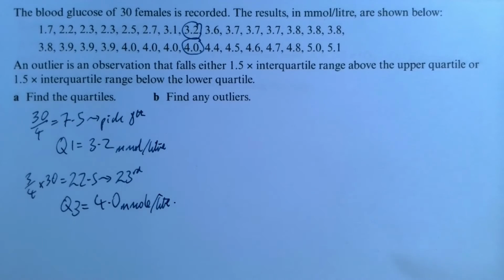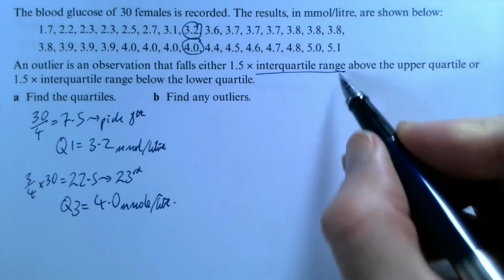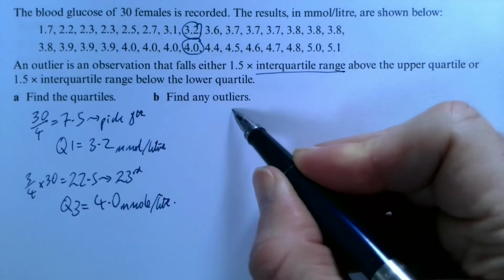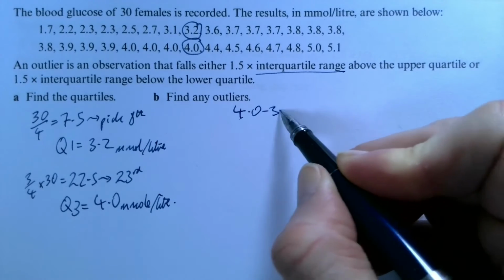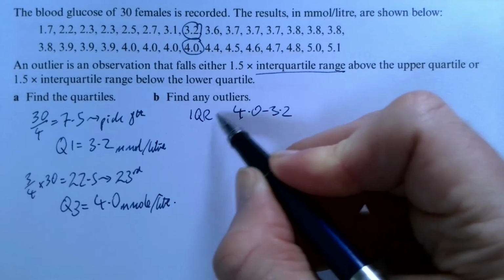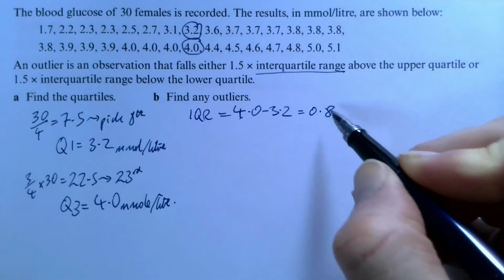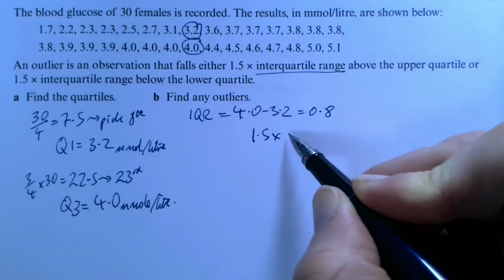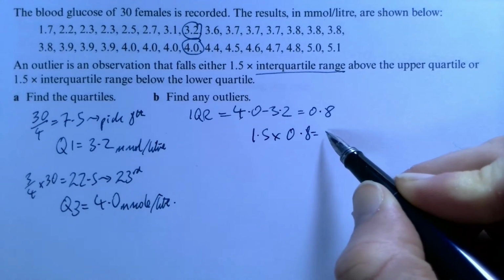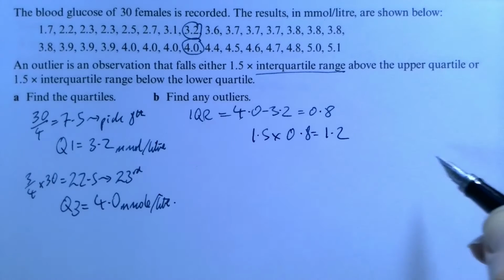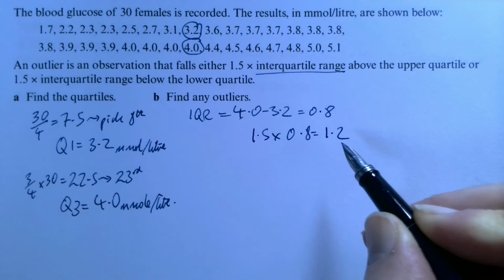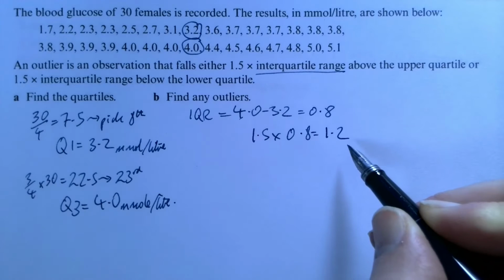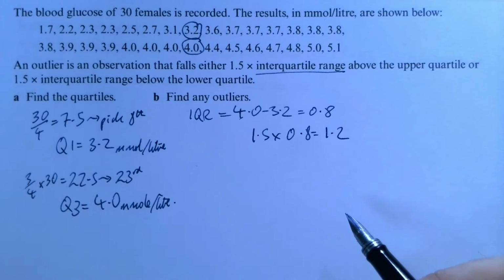Then to find any outliers, the first thing we need is the interquartile range. So Q3 take Q1, 4 take 3.2, the IQR is going to equal 0.8, and we want that times 1.5. So 1.5 times 0.8 is 1.2. So that means it's got to be that much above the upper quartile or below the lower quartile before it becomes an outlier.